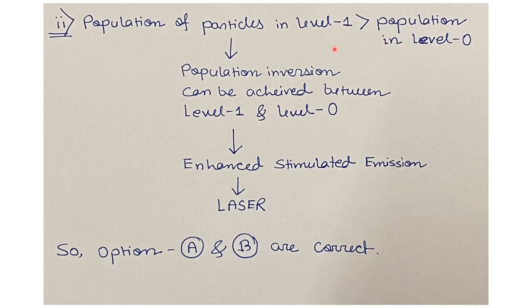This condition is known as population inversion, which can be achieved between the energy levels 1 and 0. This will lead to the enhanced stimulated emission, which is the most important process required to have lasing action. So ultimately we will have the laser in this process. So option A and option B are correct for this question.